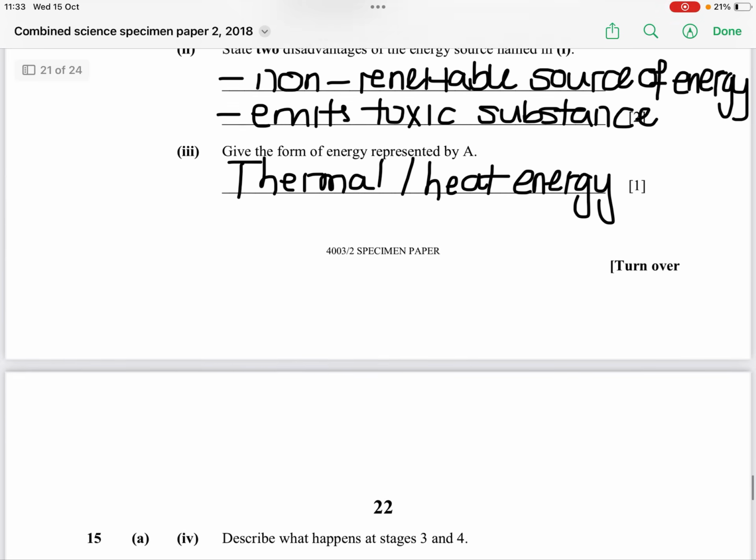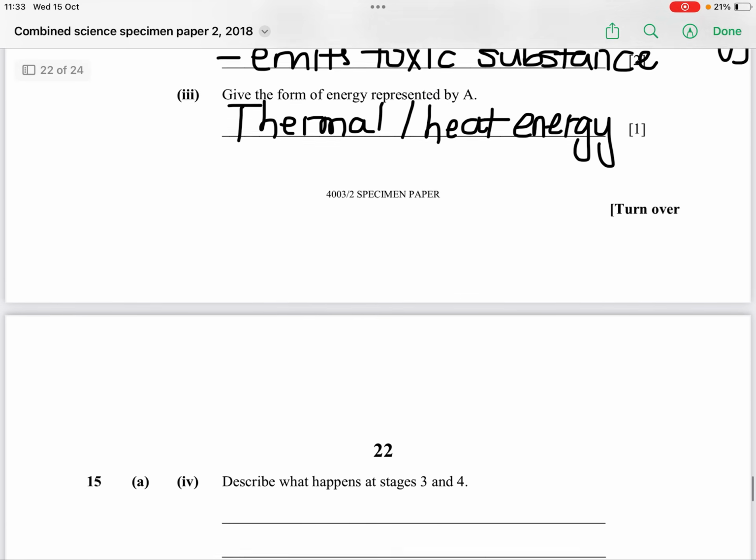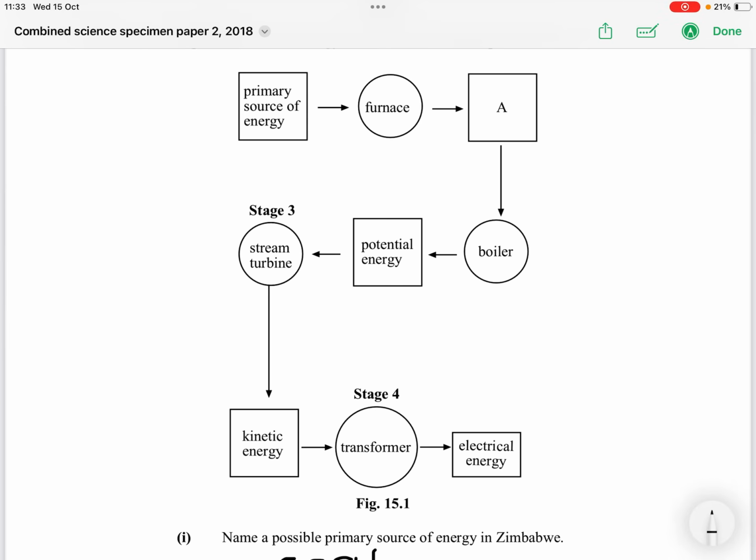Right, and then next, this is the last part of the question. Describe what happens at stage 3 and 4. Let us go back for us to see the stage 3 and 4. So this is the stage 3, and then this is the stage 4.